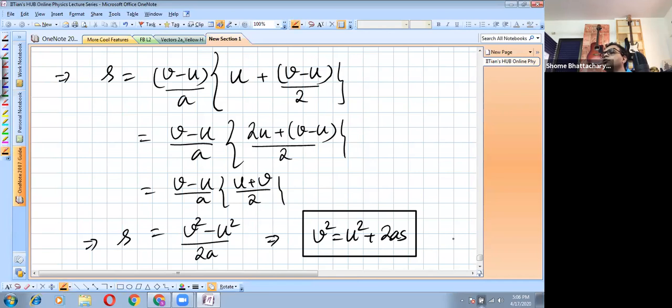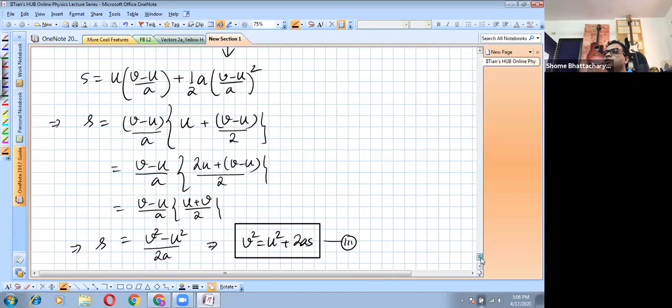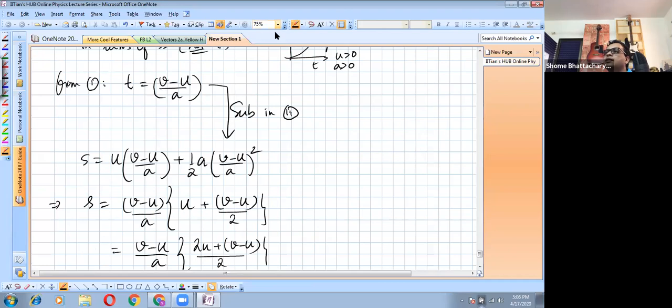But in a sense, it's like a corollary. It's not really some new information. It is just mathematics, where we are eliminating one variable from equations 1 and 2, that is the variable of time, and relating the other two.